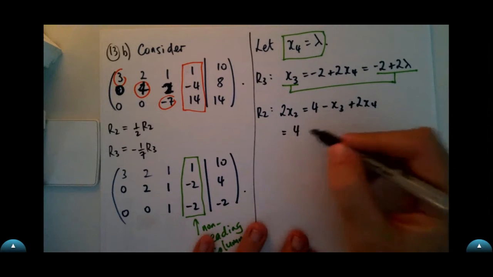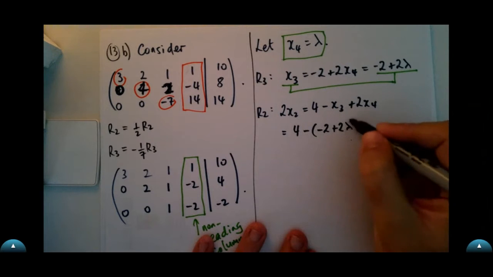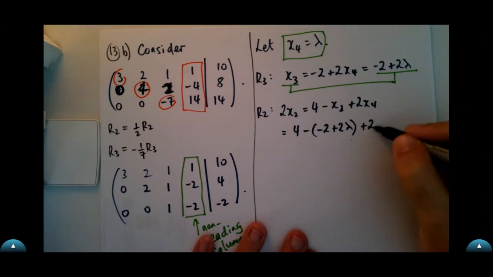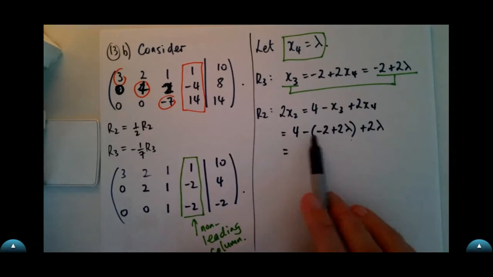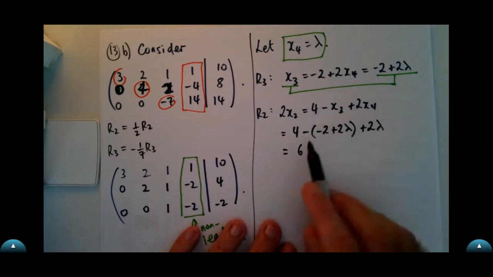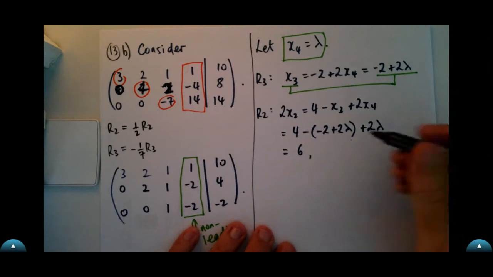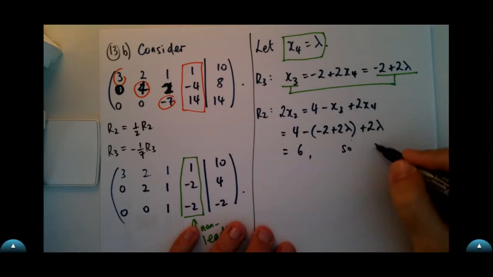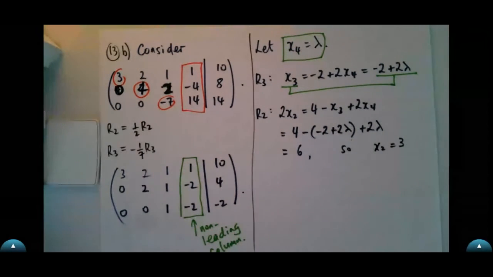So I'm going to get something like this. And now we just simplify it, right? So 4 minus 2, that's 6. Negative 2 lambda plus 2 lambda is just 0. So x2 is just a constant in this case.